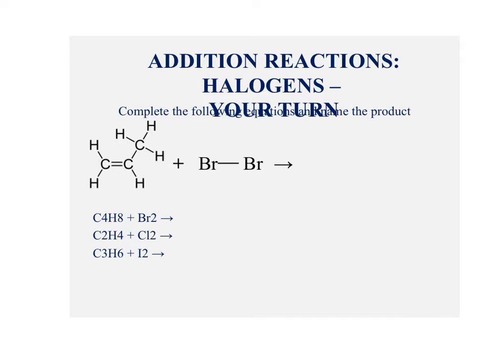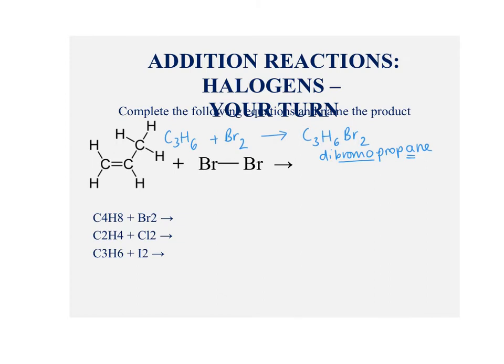As you can see, I have propene here, C3H6, reacting with bromine, Br2, and I know that is going to produce a single product, C3H6Br2, and that is di for 2, bromo for the bromine, and then propane, because we've got that single bond. Now have a go at writing out the chemical equations and then naming the product for each of them.